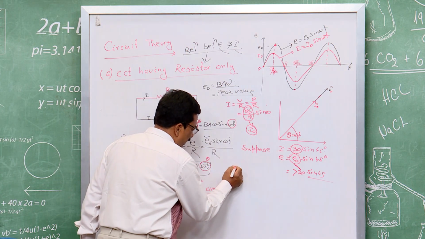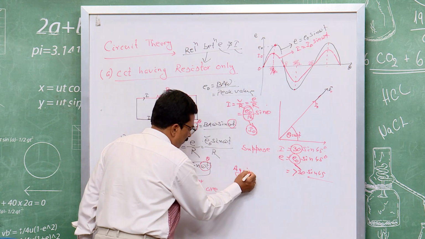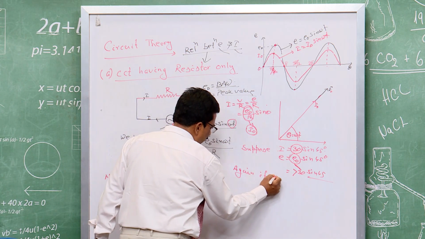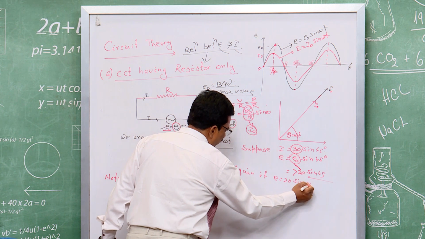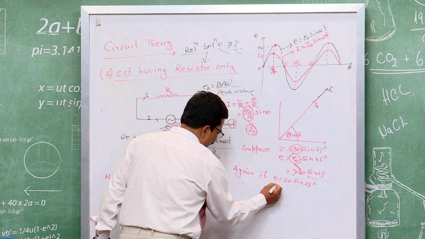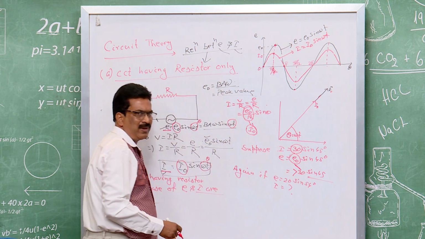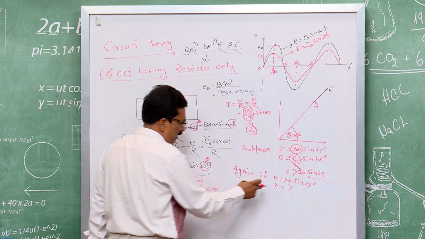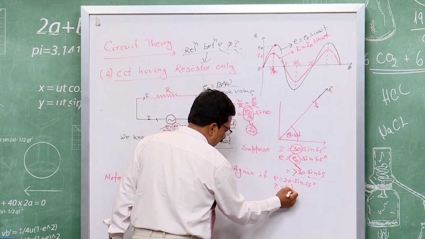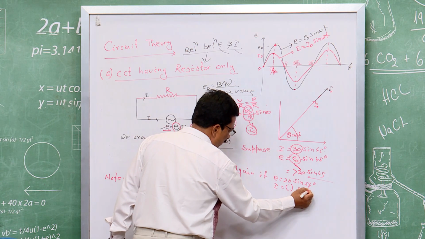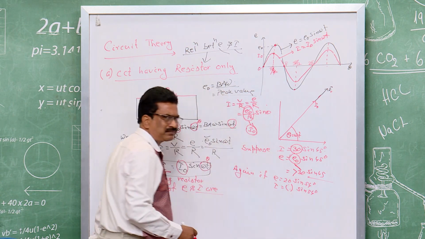Suppose again, if E is equal to 20 sin 54 degrees, then what will I be? The circuit has a resistor. If E is given, I must be some value of sin 54 degrees.